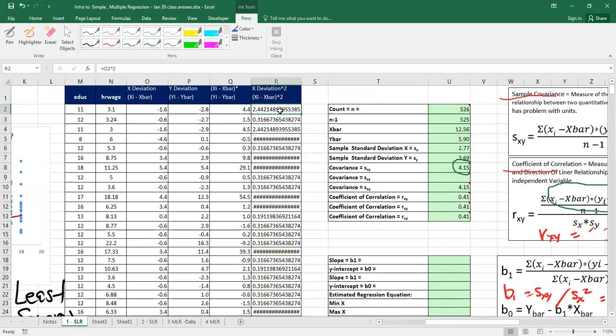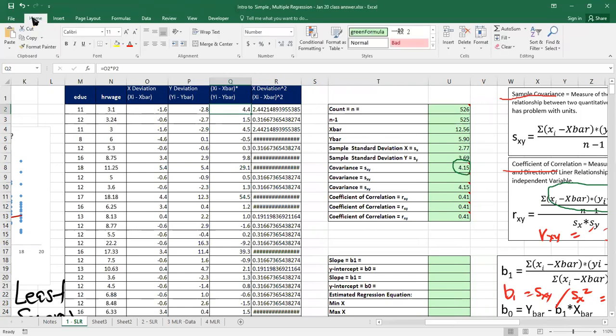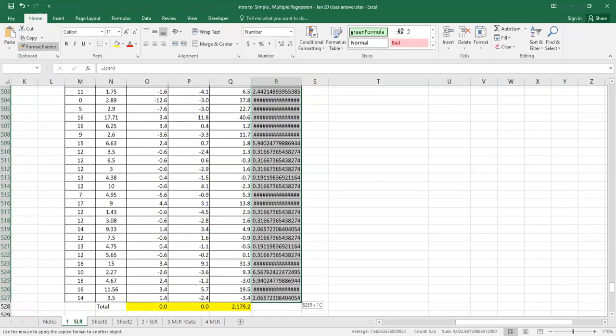Okay, so let me just, okay, bawasan ko na lang ng hindi natin kailangan ng maraming decimal places. So I'll click here, go to home, format painter. Okay.